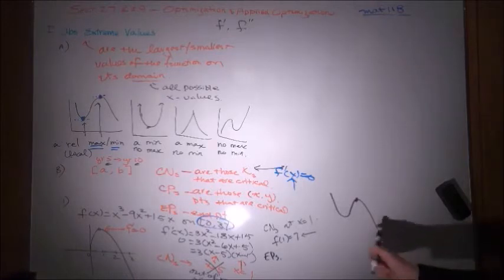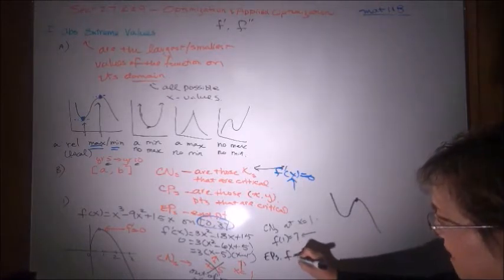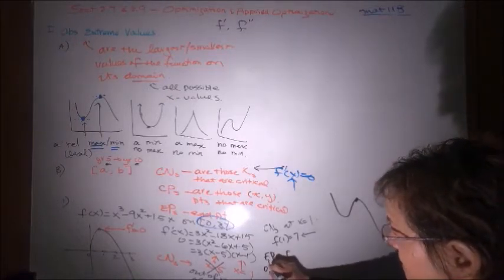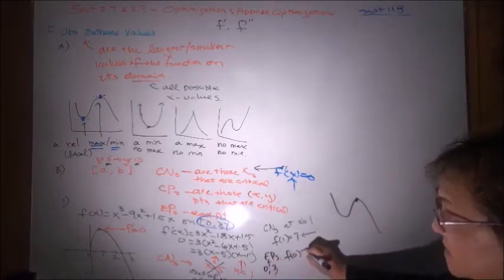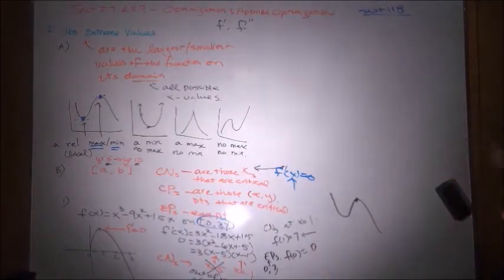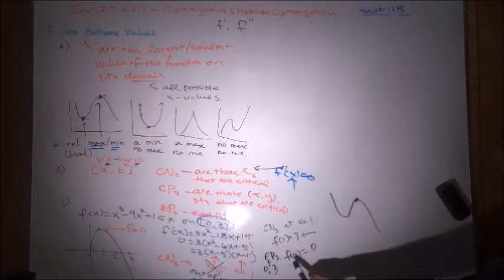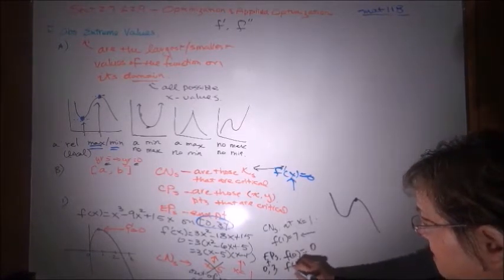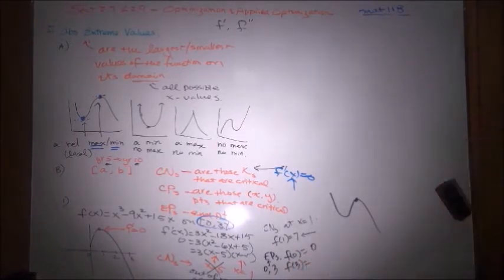So you try the beginning. The endpoints are 0 and 3, right? So you try f of 0, you plug in, it's 0. Then you try f of 3, you plug in and it's -9. Okay?